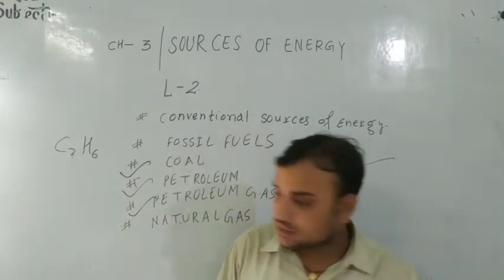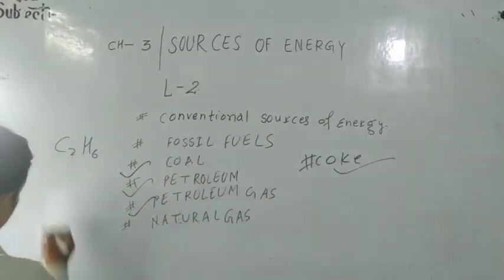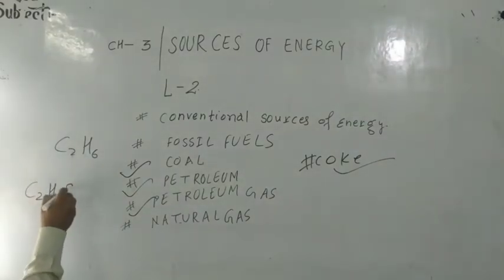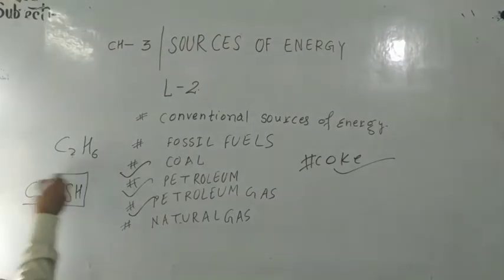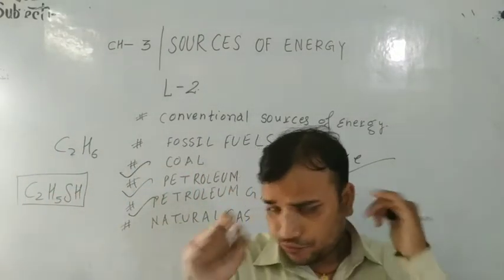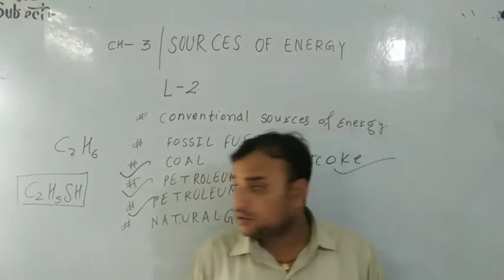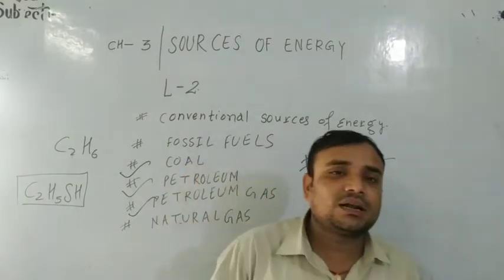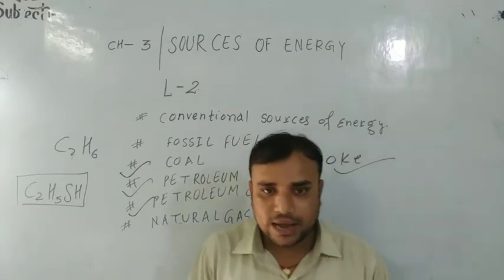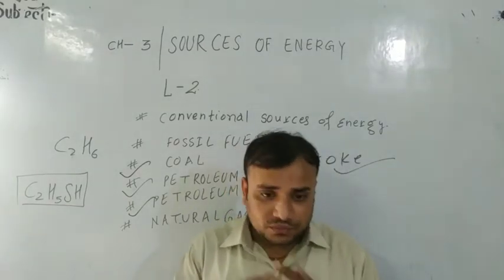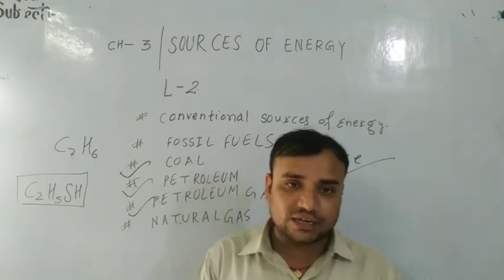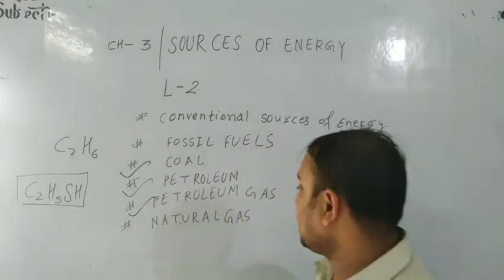In LPG, we mix a little amount of ethyl mercaptan, C2H5SH. Ethyl mercaptan is a foul-smelling compound mixed into the cylinder, so a leak can be smelled and accidents prevented.